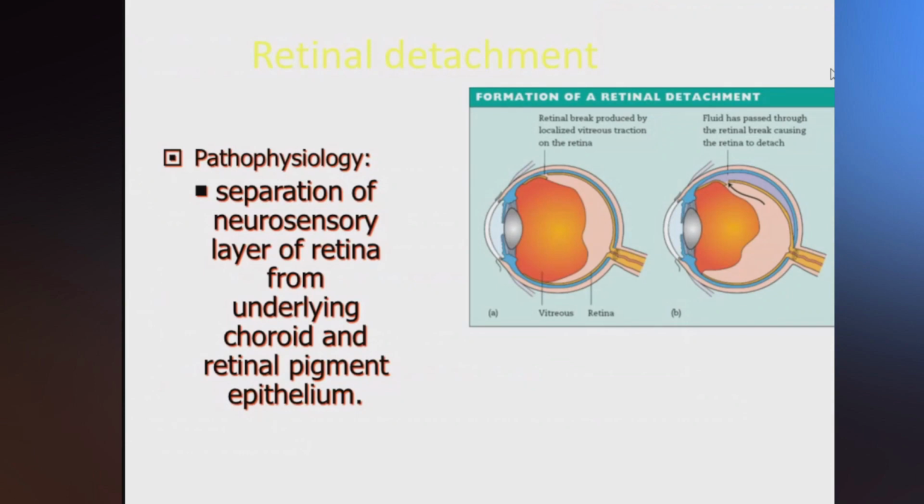I have already mentioned that some peripheral degeneration with breaks may be the cause of retinal detachment. On this picture, you can see the retinal break, and through this retinal break, fluid comes between the neurosensory layer and the retinal pigment epithelium, and we receive retinal detachment.